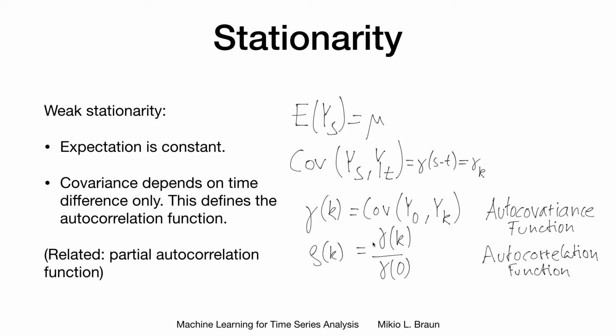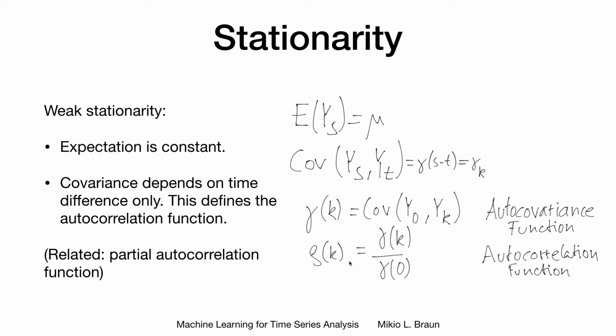Okay, and a very closely related concept here is this rho k, which is the autocorrelation function, right? Covariance in general measures, if you have 2 variables, how much they are moving in the same direction, and the correlation is that but divided by the variance of the variables themselves. So the correlation is a bit like the covariance, but it's normalized to 1.